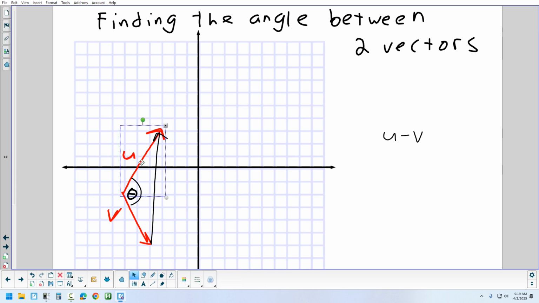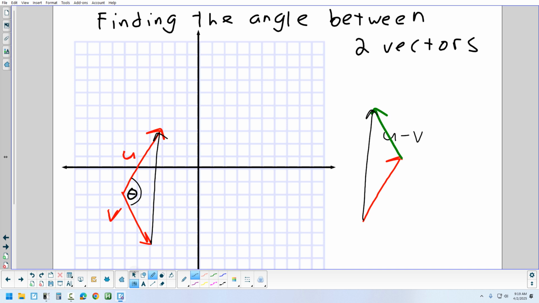If you don't see it, well, take U. I'm just going to draw it. And then reverse V, like that. Okay, that's the negative of V. Put that on the end of what we've got right there. Now, connect where you started to where you stopped. That'll represent U minus V. Like that.